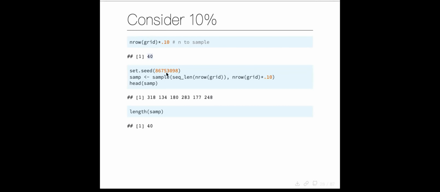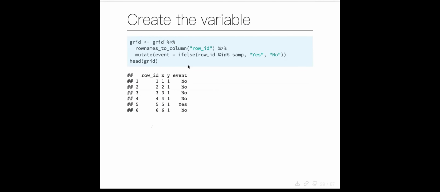We get 40. Okay, then we're going to sample, we just set a seed so it's reproducible, the number of rows with a proportion at our rate, right, which is going to be 40. So then we end up with these, and then we assign those here, okay?